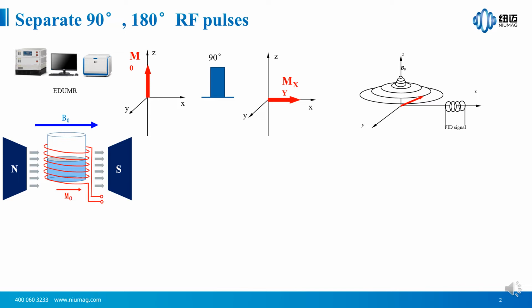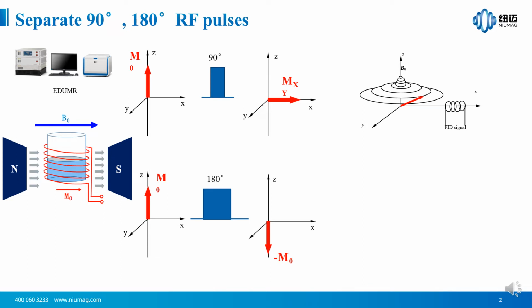Then let's look at a 180-degree RF pulse. After the longitudinal magnetization vector is generated by the sample, we apply a 180 degrees pulse. This deflection angle can be calculated based on the intensity and duration of the RF pulse, which corresponds to this equation.